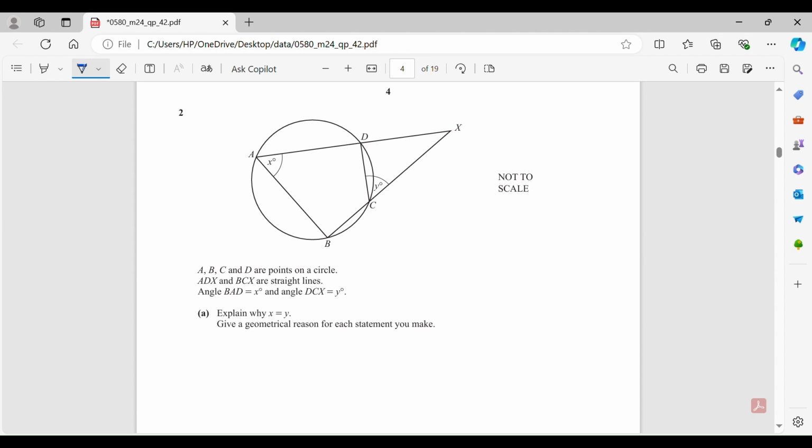Now let this angle be m. Right. Now angle m plus angle y is equal to 180 degrees, angle on a straight line, straight line sums up to 180 degrees.